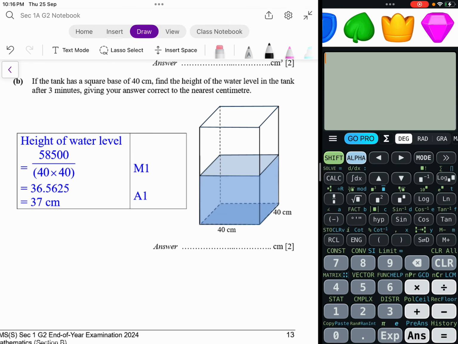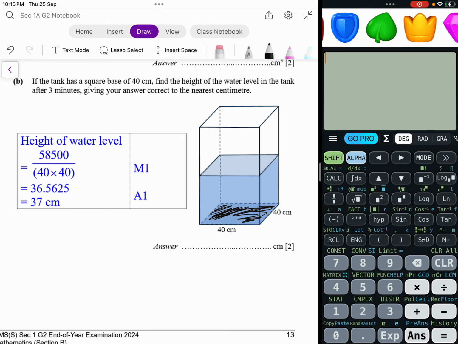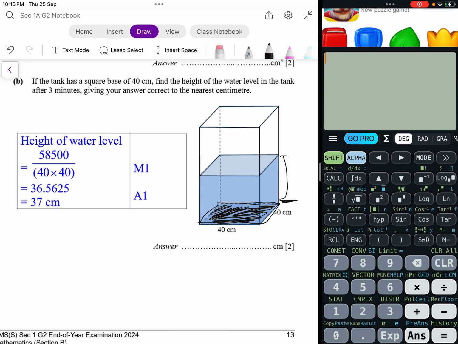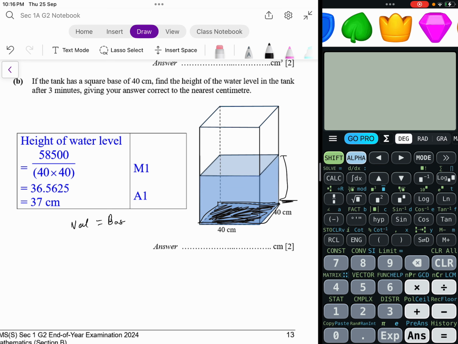Okay, if the tank has a square base of 40 cm, find the height of the water. Again, volume is base area, the shape of the base, times height. So if I have the volume, I need to divide by area to get height, right? Because volume is base area times height.